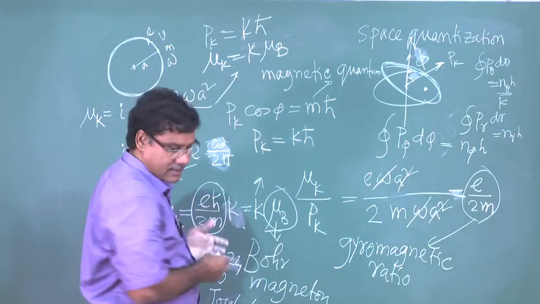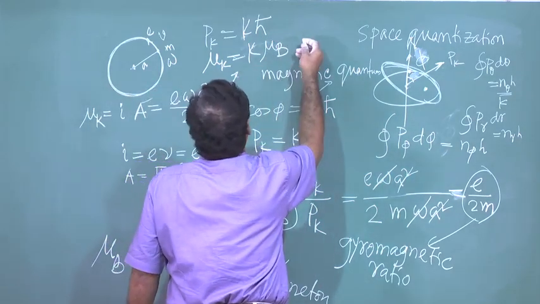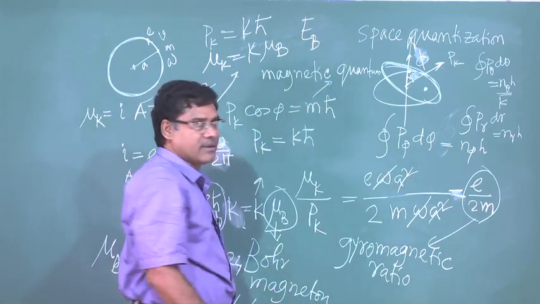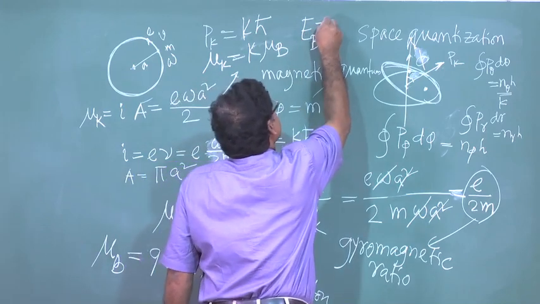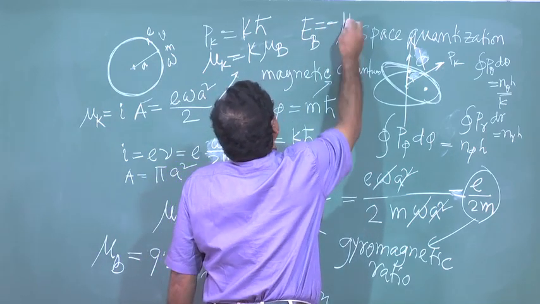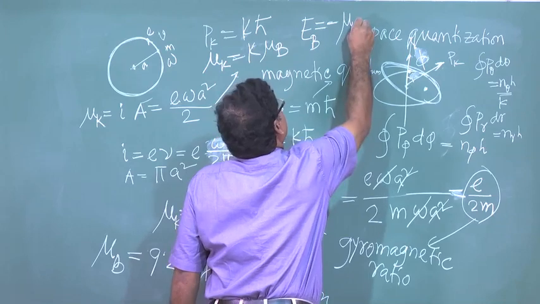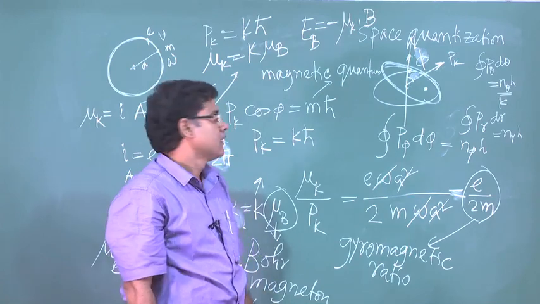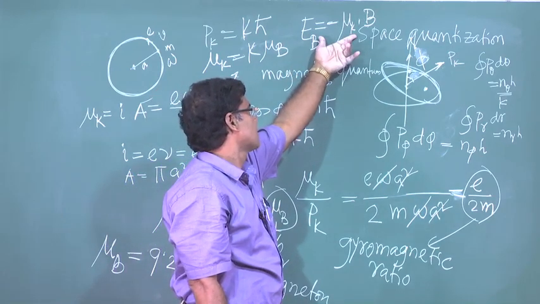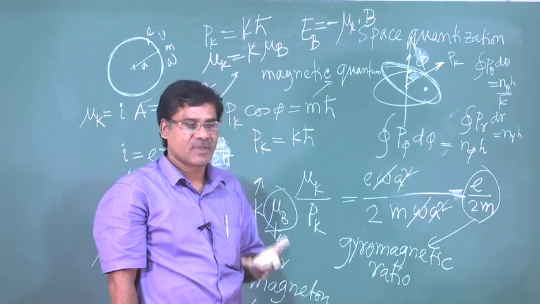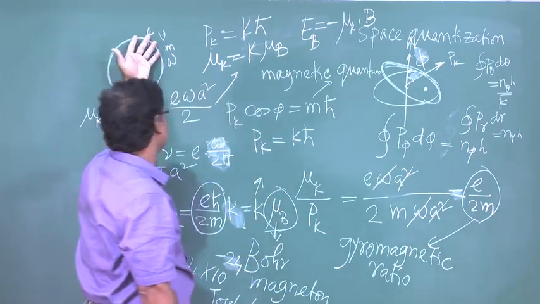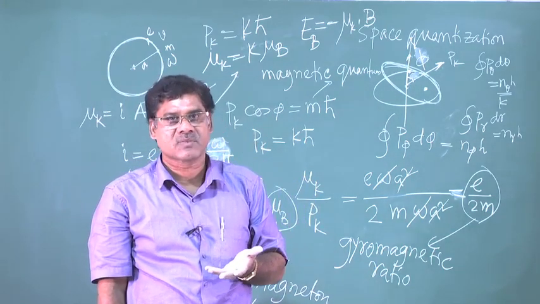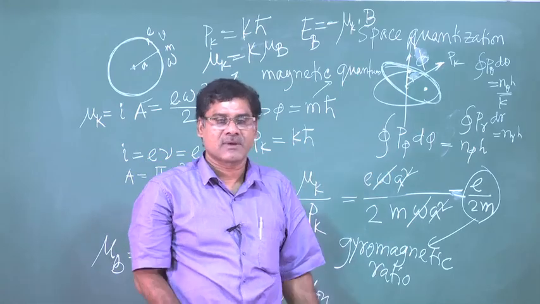From electrodynamics, one can get this potential energy due to the magnetic field B: minus mu k dot B. So there will be a change of energy of the electrons, meaning the energy levels of the atoms. We will find that out in the next class. I will stop here. Thank you.